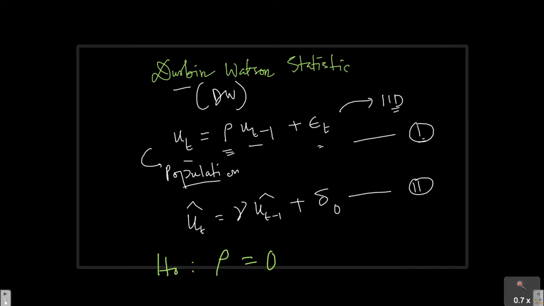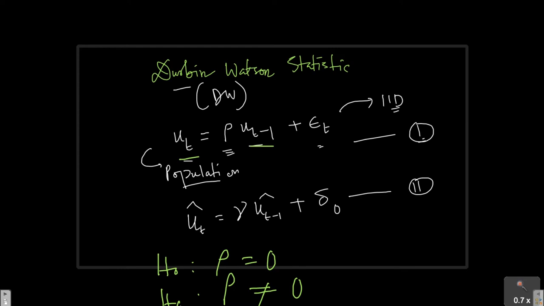But if there is autocorrelation, then the alternative hypothesis, HA, is that rho is not equal to 0. I'm not saying whether rho has to be greater than 0 or less than 0. As long as rho is not equal to 0, the two period errors are either positively or negatively correlated, but there is some correlation, and that means there is autocorrelation. So that's going to be our null and alternative hypothesis.